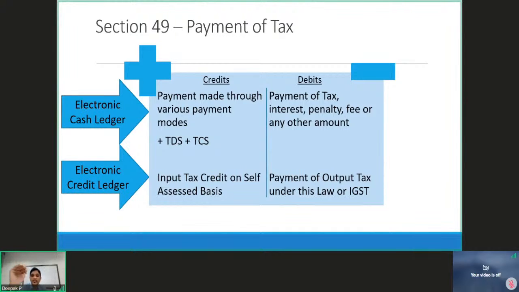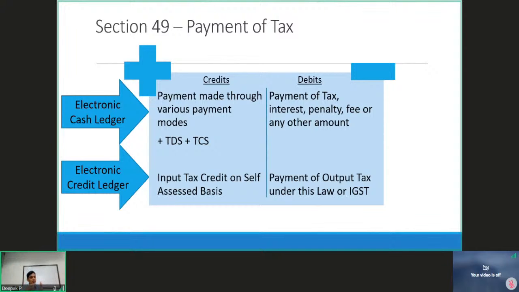In the electronic credit ledger, the credit comes from the input tax credit on a self-assessed basis. This self-assessed basis is your GST monthly returns. When you assess saying that these are my credits, this comes and sits as a credit in your electronic credit ledger. Now this credit you can utilize, you can offset this with only payment of output tax under this law or the IGST law.